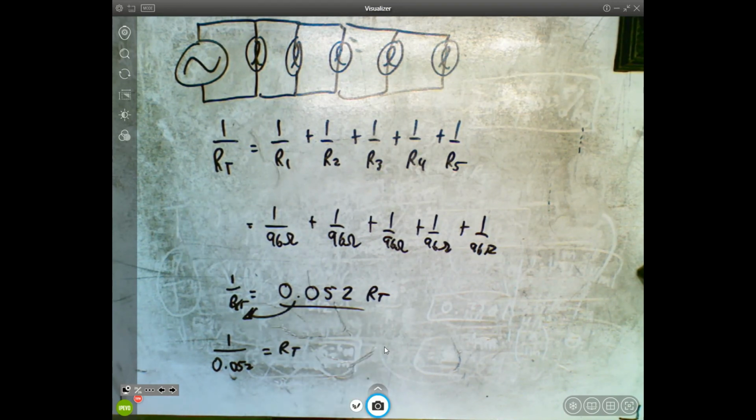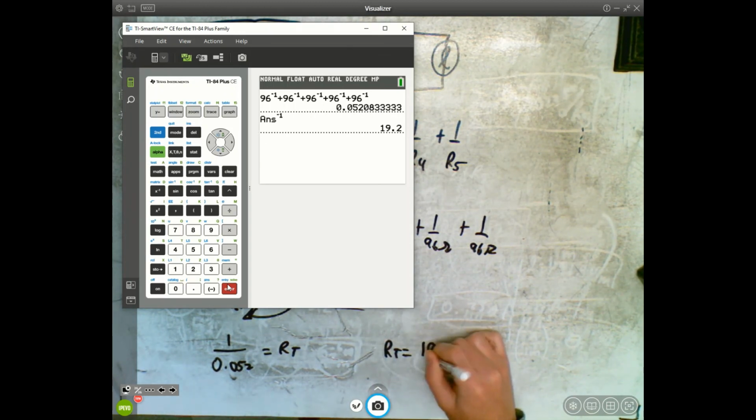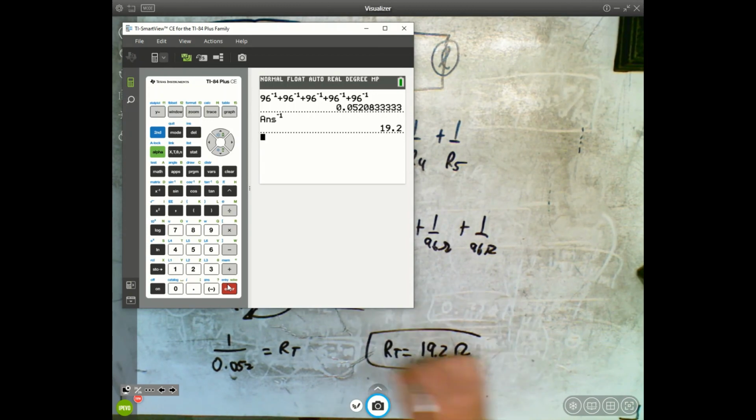We need to inverse that number again. This answer is never going to be our answer. We need to take it and do 1 over it, and then we get the right answer. So our resistance total is equal to 19.2 ohms, which you can see is less than the individual ones.